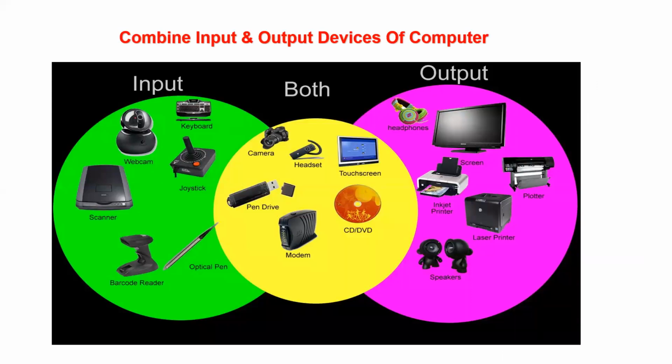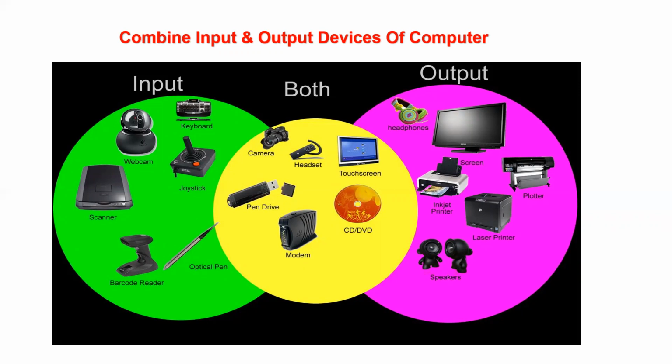Now this picture indicates some common input and output devices for the computer. The inputs are webcam, keyboard, joystick, scanner, barcode reader, optical pen, etc. And the output devices are headphones, screens, printers, speakers, and plotters.